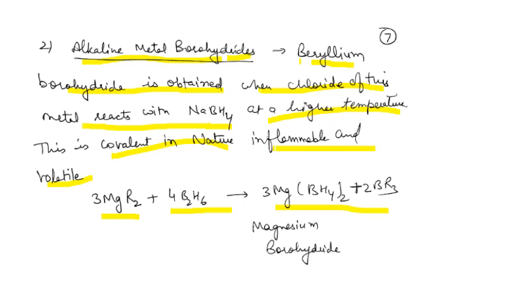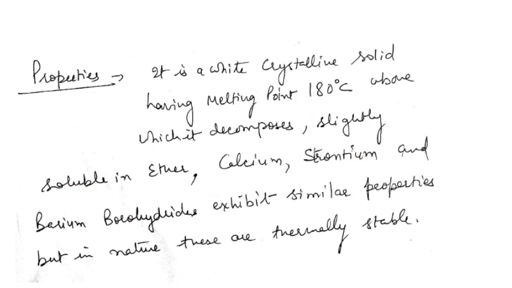So this comes in the category of alkaline earth borohydrides. Beryllium borohydride can also be prepared, which is covalent in nature and inflammable, and magnesium borohydride is also prepared. So we have the properties of the alkaline earth metal borohydrides. It's a white crystalline solid having a melting point of 180 degrees centigrade.